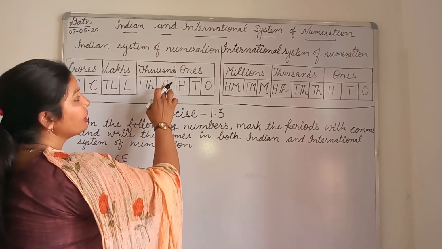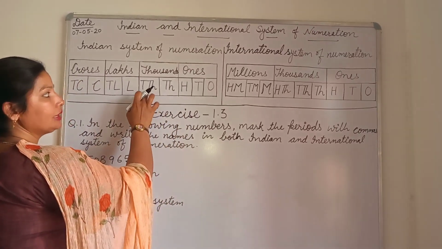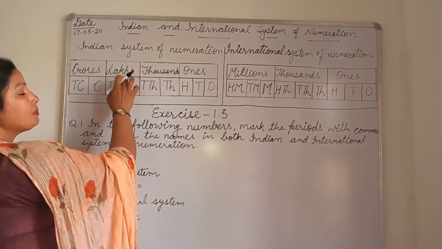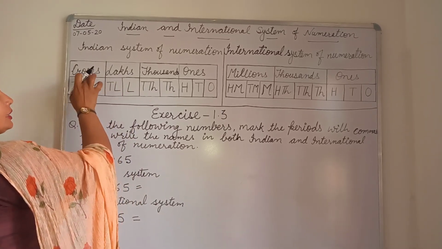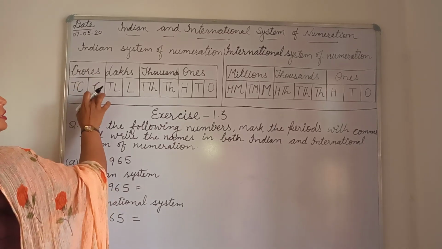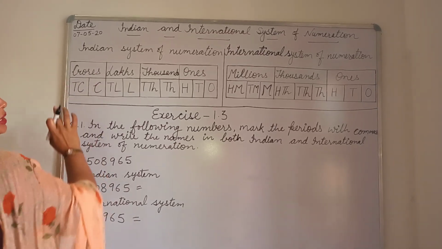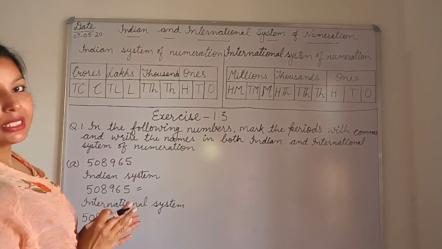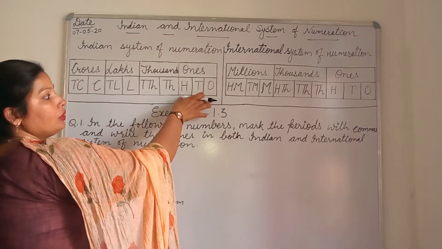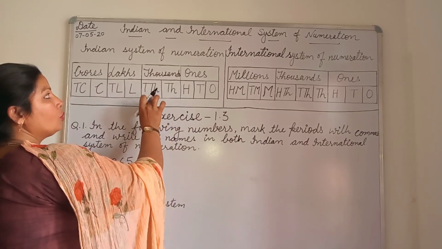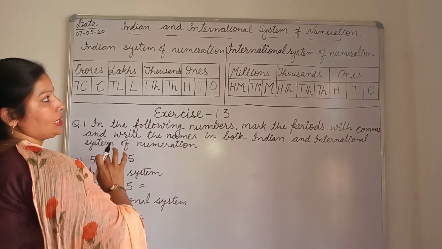Then in thousand period we have two places: thousand and 10,000. Then in lakhs period, again two places: lakhs and 10 lakhs. Then in crore period also two places: crore and 10 crore. That means all periods have two places except ones period.